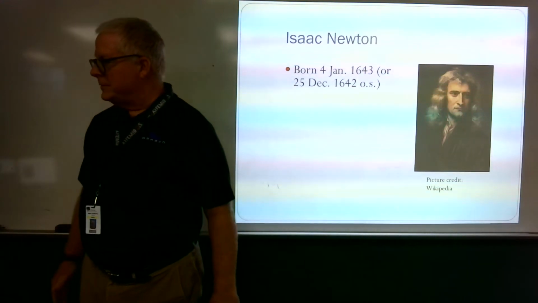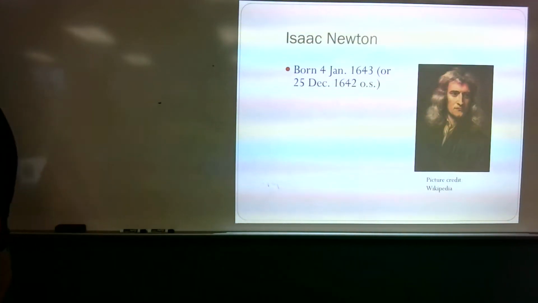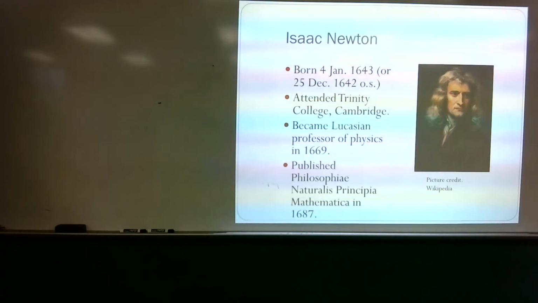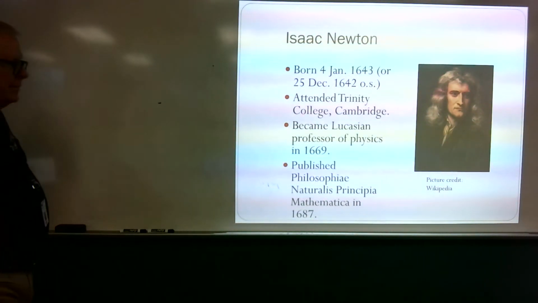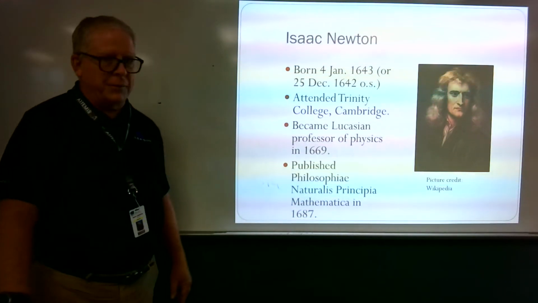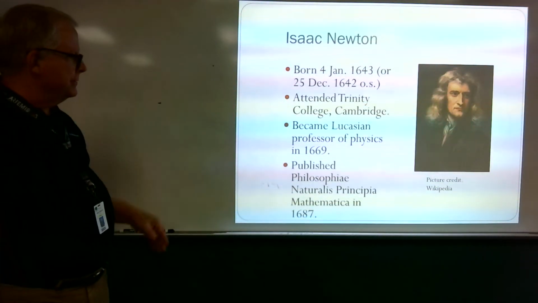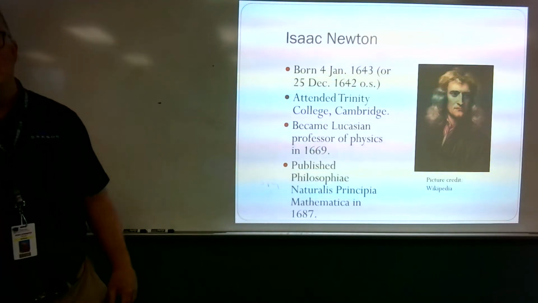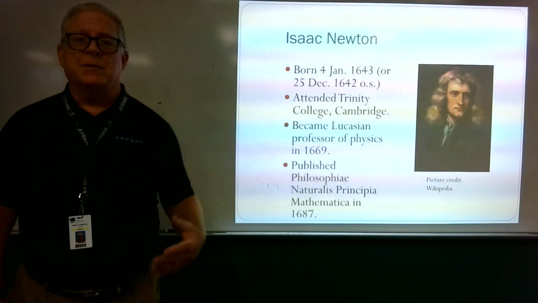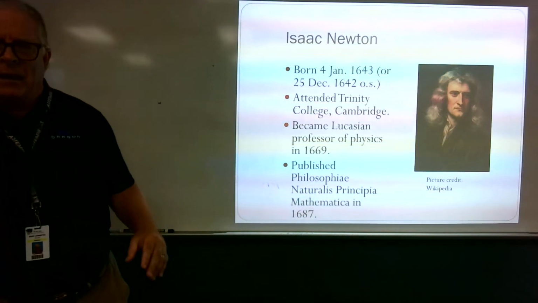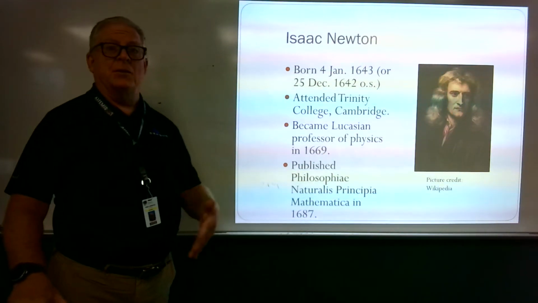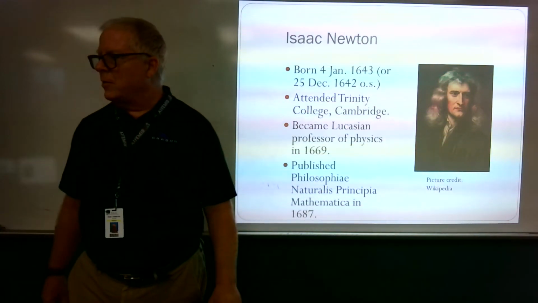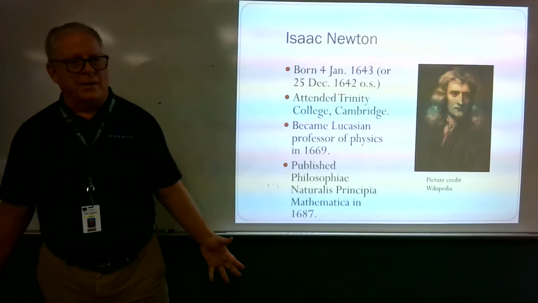He eventually published, in 1687, what is known as his Principia. Full title is Philosophiae Naturalis Principia Mathematica, which means Mathematical Principles of Natural Philosophy. Keep in mind, at the time, natural philosophy is what they called physics. And this was a mathematical basis for physics that he was trying to figure out.